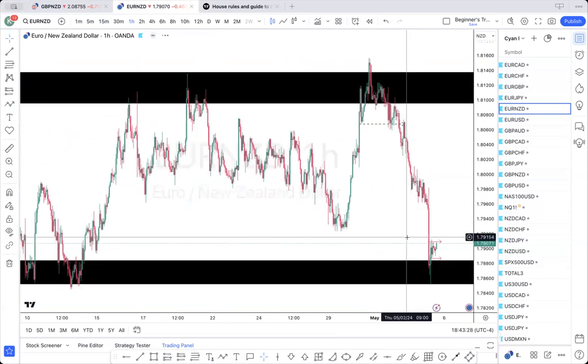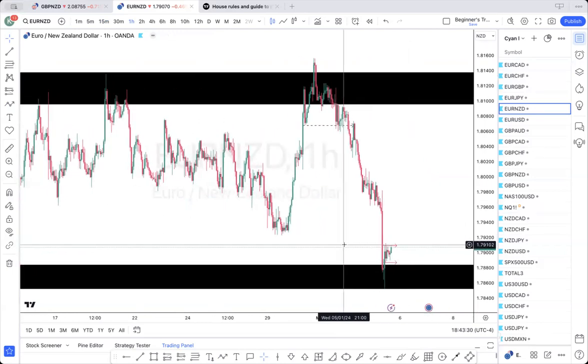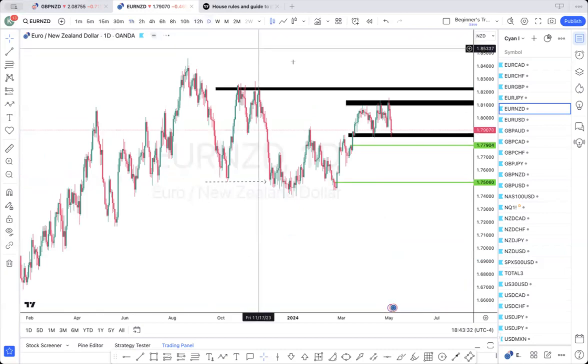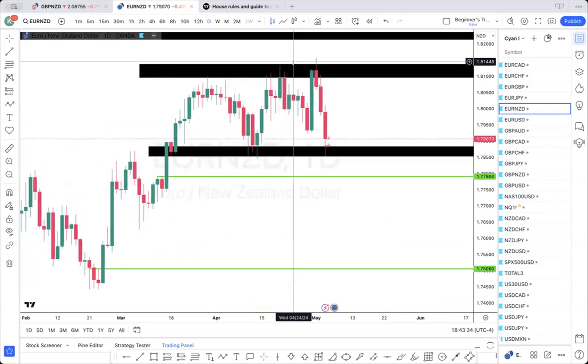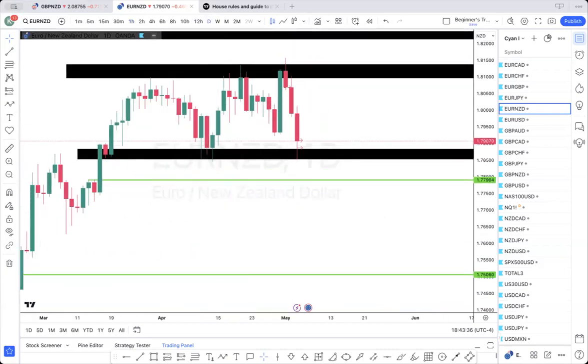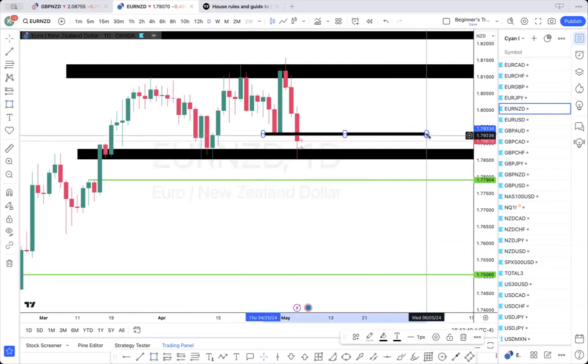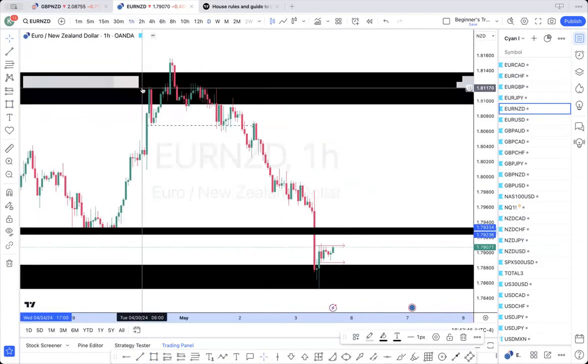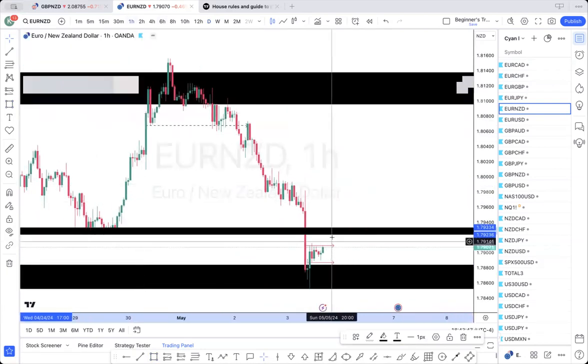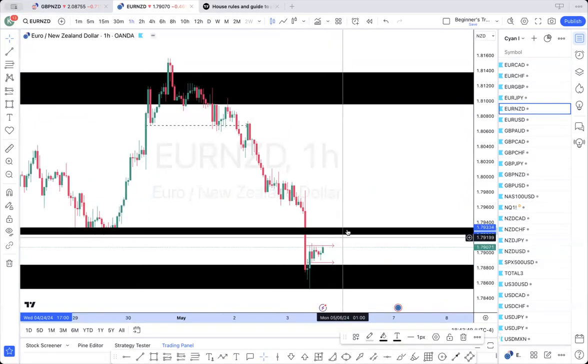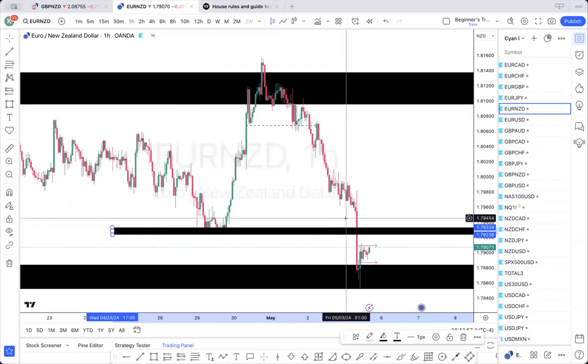So right now, let me go to the daily real quick. Right now, this is a daily Q level here. Once price got here, I don't see what I would be looking for to get in for the buy.